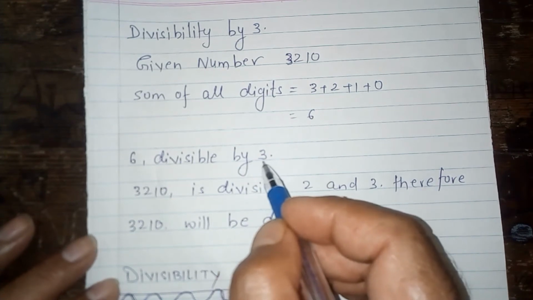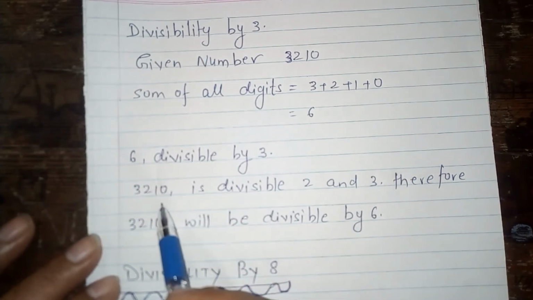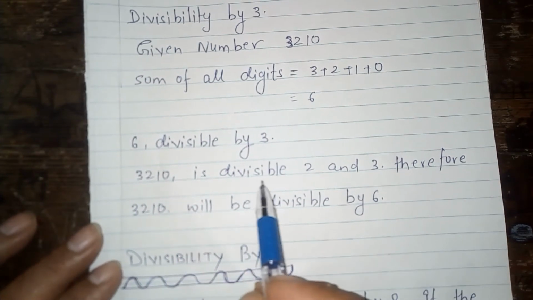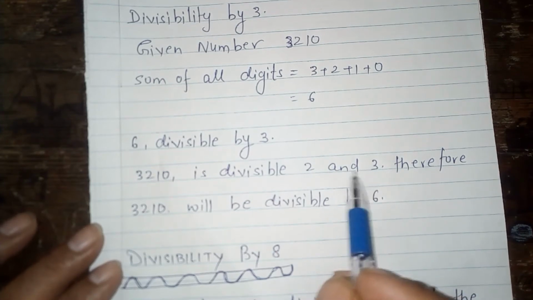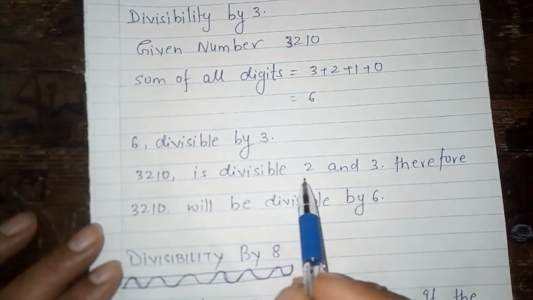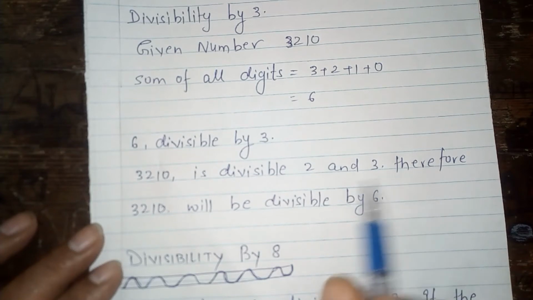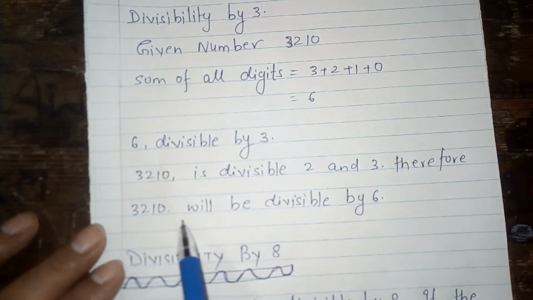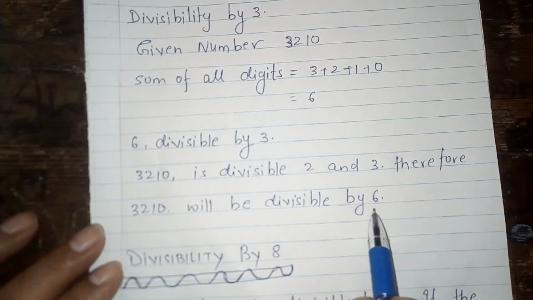The meaning is 3210 is divisible by 2 and 3. Therefore 3210 will be divisible by 6. Okay.